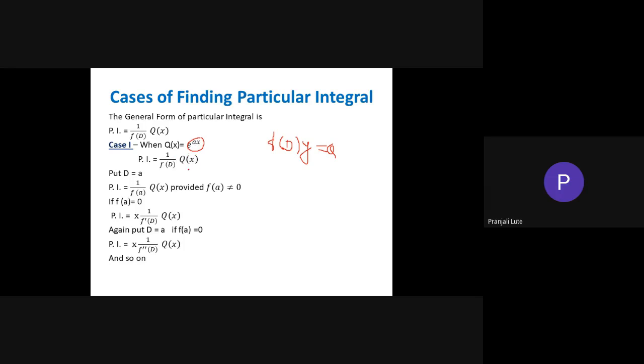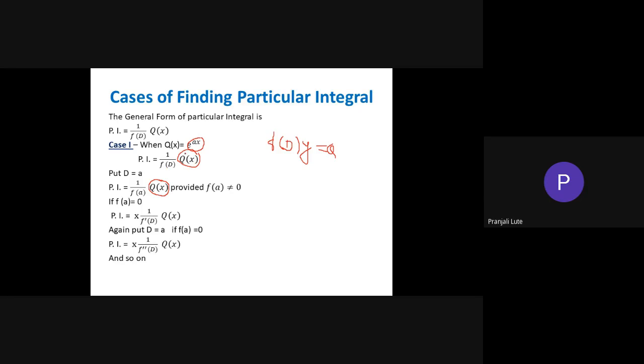So here in place of q of x, यहाँ पे मैंने e to the power ax लिखना चाहिए था. In place of q of x, here is e to the power ax. So put d equal to a. In this case, put d equal to a. So the particular integral is 1 upon f of a into, again here, e to the power ax.